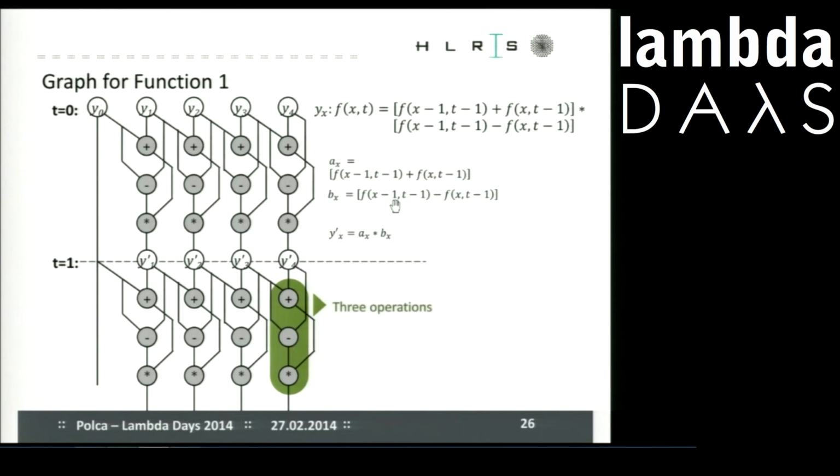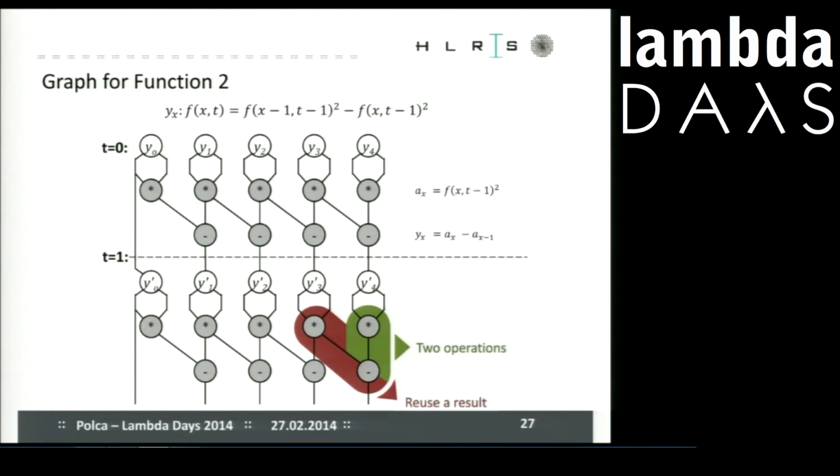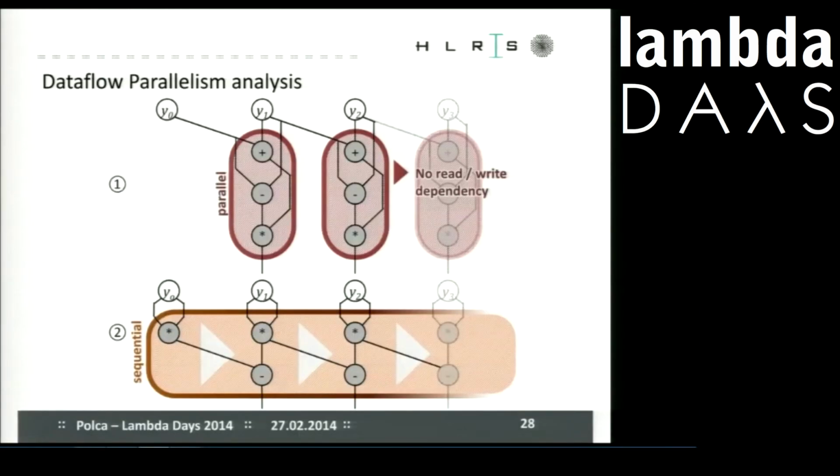If you take this piece of the formula, like the first plus or this one, it doesn't matter, this is A. Here we have B, and then we multiply A and B to get this cell in the next time step. But if we use the second version of the formula, the equivalent formula, we have a completely different graph with 2 operations only. Before we had 3, now we have only 2, but at some cost.